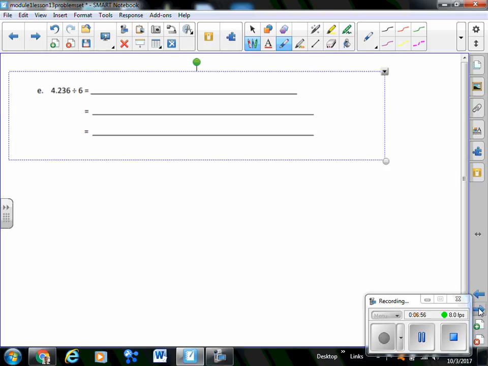6 cannot go into 4, so we've got to do 42 tenths. 6 cannot go into a 3, so we've got to combine that to 36, so that's going to be 36 thousandths. 6 goes into 42, 7 tenths.